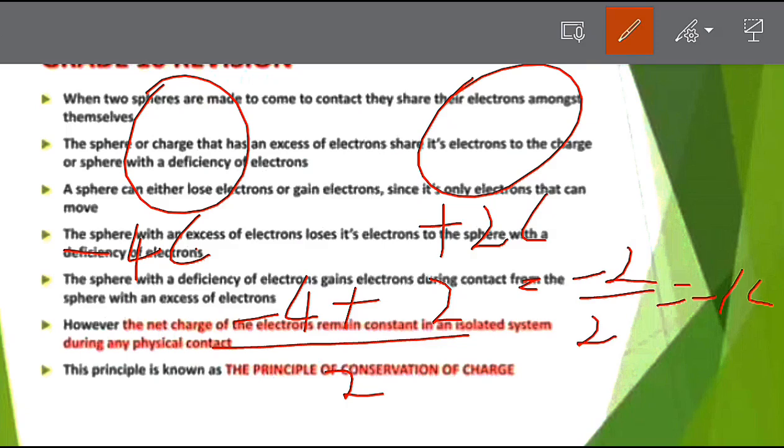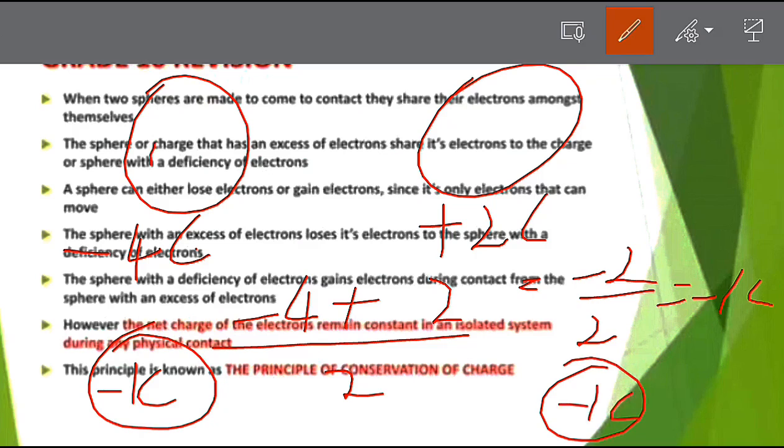So when they come into contact, they will share electrons, and they will come up with the same magnitude of charge, right? If this is sphere A, and this is sphere B, the result is they will now have a charge of equal magnitude, which is -1 coulomb, -1 coulomb there.